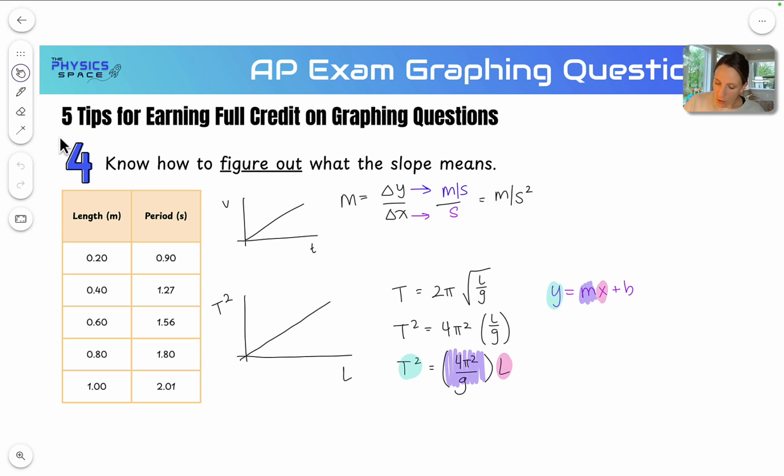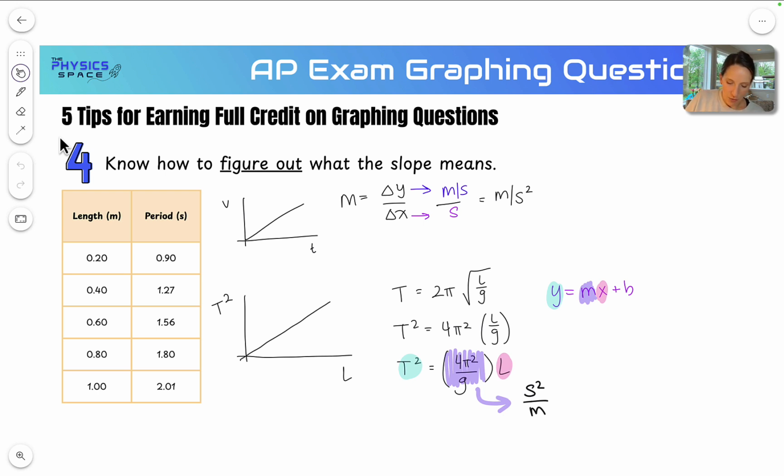All right, although we could do this with units, because if you notice here, our unit for this slope would be, so 4 pi squared does not in and of itself have a unit to it. But the inverse of g would be meters per second squared, so we have seconds squared over meters.